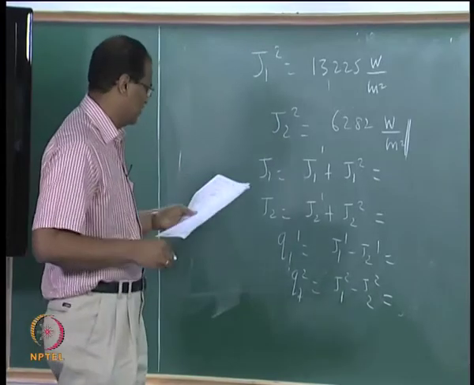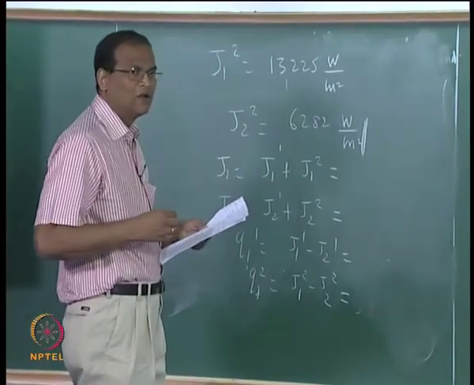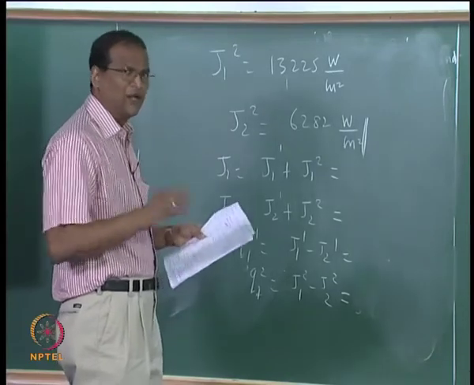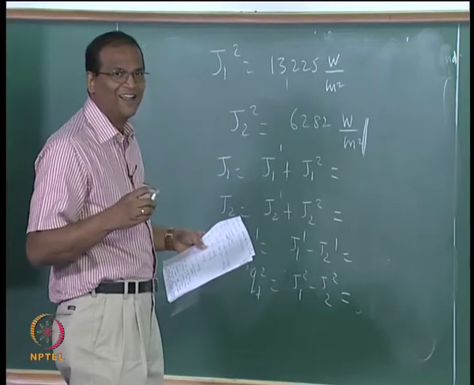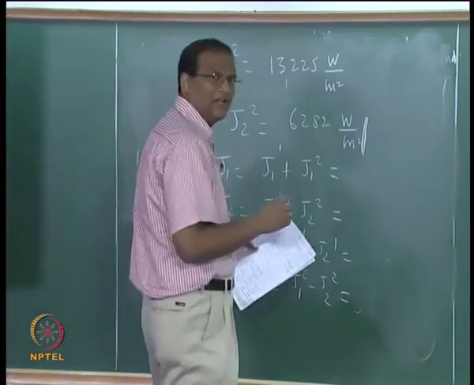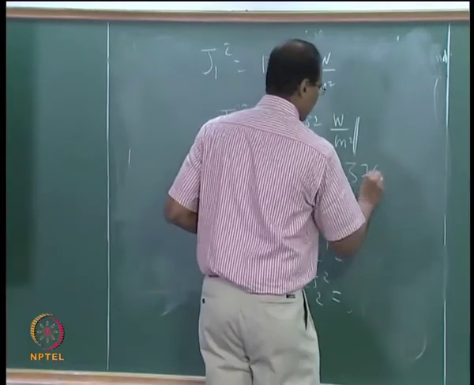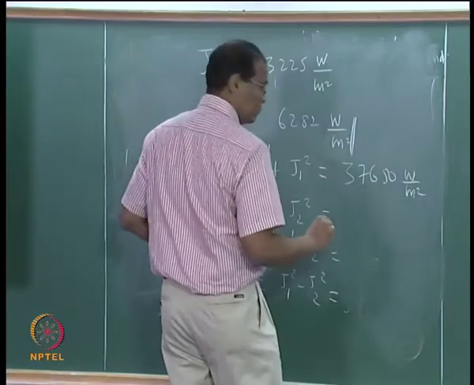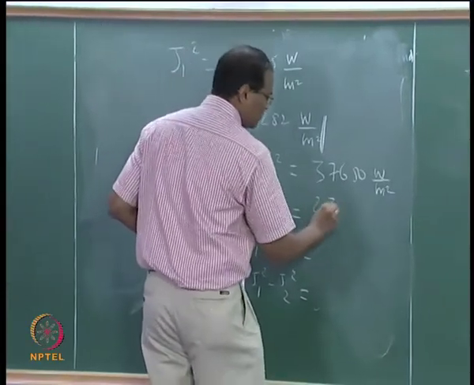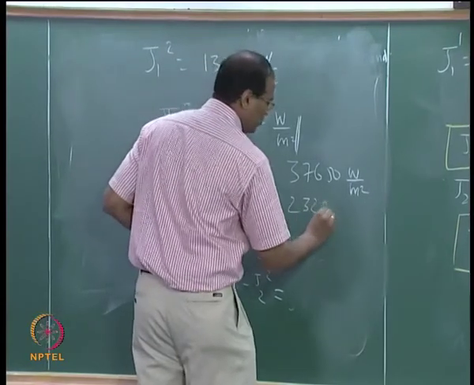Okay. Now, please fill this. J1 is, directly can write, but for the sake of completeness, J1 is 37650. Yeah, J2 23,282.